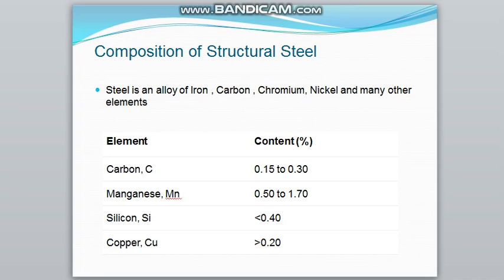Next, coming to copper. Copper is also a primary corrosion resistance element. So chromium and copper are the two important elements in structural steel which are used to increase the corrosion resistance.